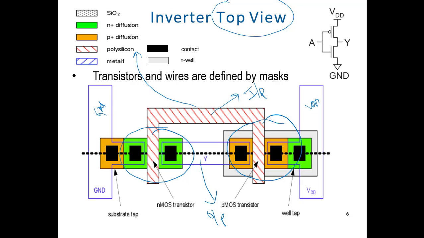But one thing that is new is, for example, this is our N well. And these blacks are basically contacts. So it shows where two things cross. These are the metal contacts.